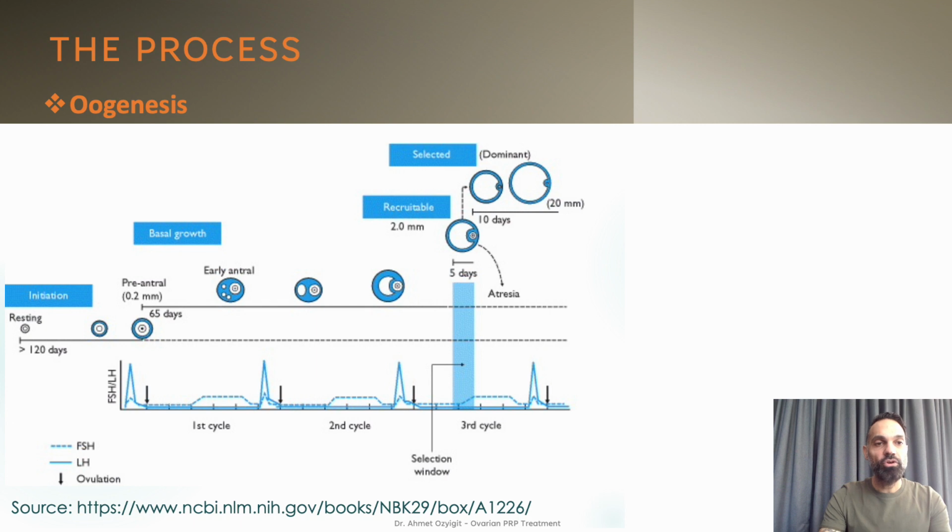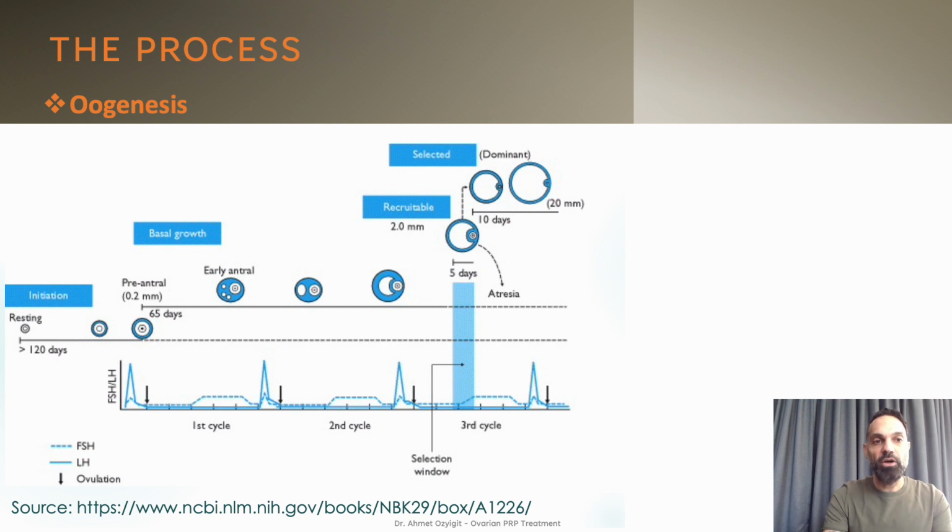So when the ovarian PRP is administered in the half of a cycle, for example, if it's a patient who does have menstrual cycles, we would plan the ovarian PRP mid-cycle around day 15, 16 or so. And we would proceed with the IVF cycle on the third menstrual period that they see.